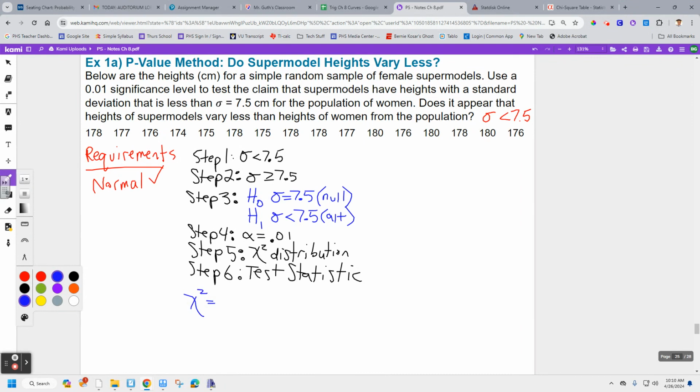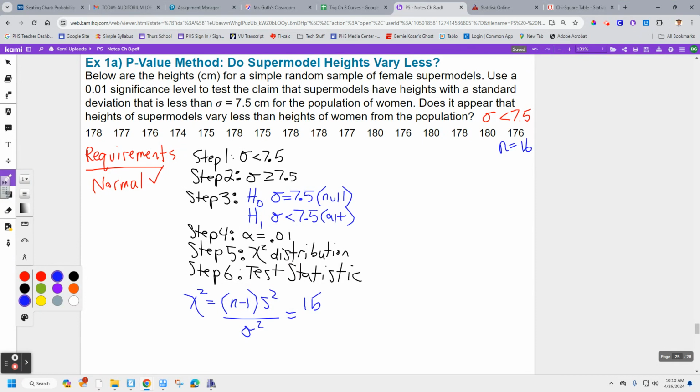Chi squared equals n minus 1 times s squared over sigma squared. N minus 1 is the degrees of freedom. And so, that's one less than the number of numbers. There are 16 numbers here. You can count them if you like. So n minus 1, your degrees of freedom is 15.